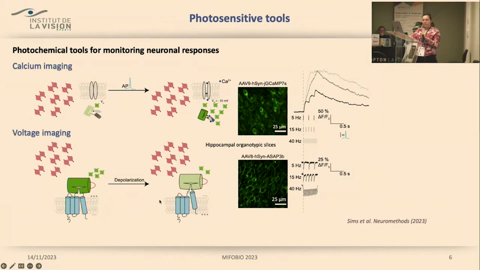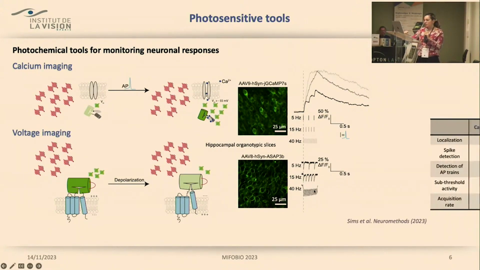And so any change of the voltage in the cell membrane is directly transformed to a change of the fluorescence in the fluorophore. In most cases, as you have probably seen in the talk of Michael and Lynn, we have a reduction in the fluorescence for these sensors, but later developments have inverted that, and we also have increases in the fluorescence. So that's why here you see a decrease in the signal.